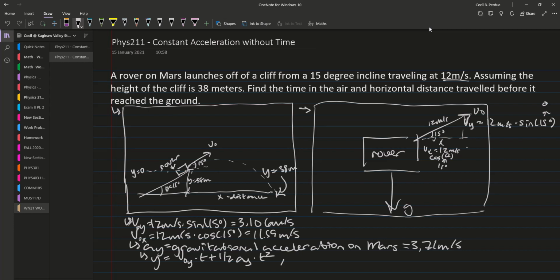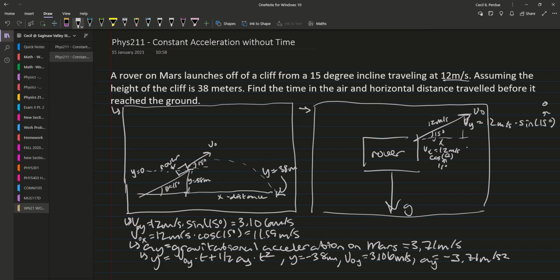So we can plug in y equals negative 38 meters, as well as the other two things we know, which is that V0y is equal to 3.106 meters per second, and that the acceleration is equal to 3.71 meters per second squared. We can plug in all of these, and then we'll be able to solve for t, or the time.